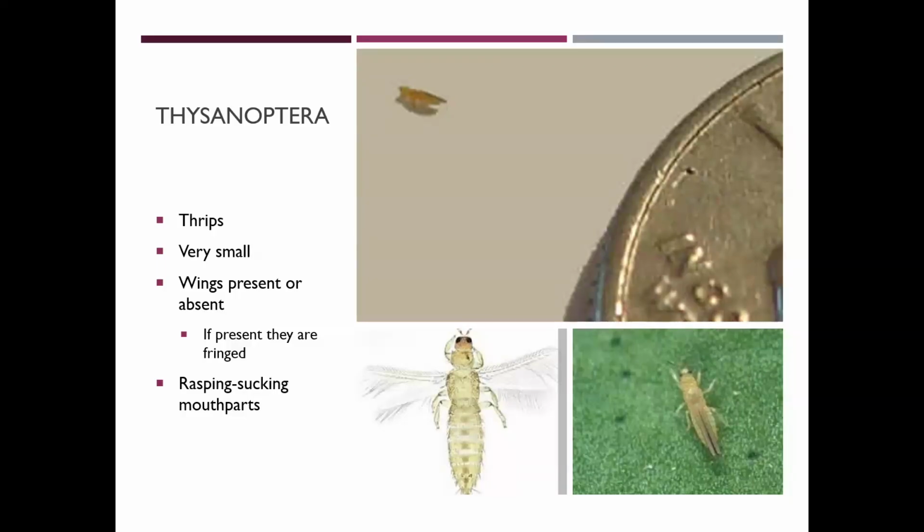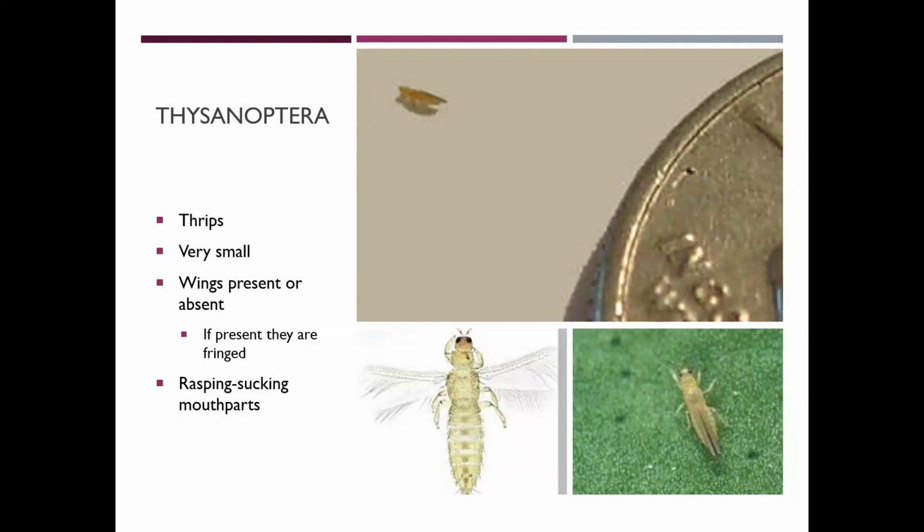We do have some that are predatory, but these are capable, if they land on people, of stabbing them with their mouthparts. And some people can be sensitive to that and they might feel it. They might get some reddening and itching in the area.